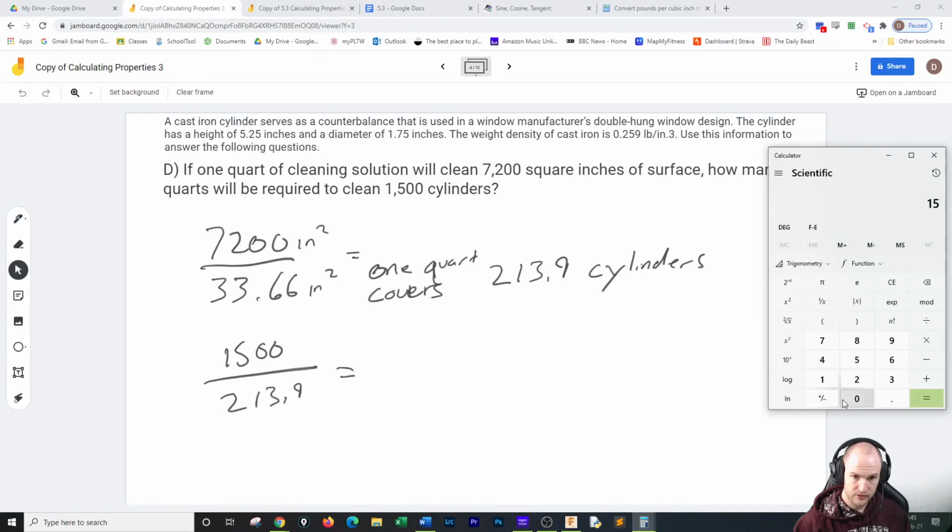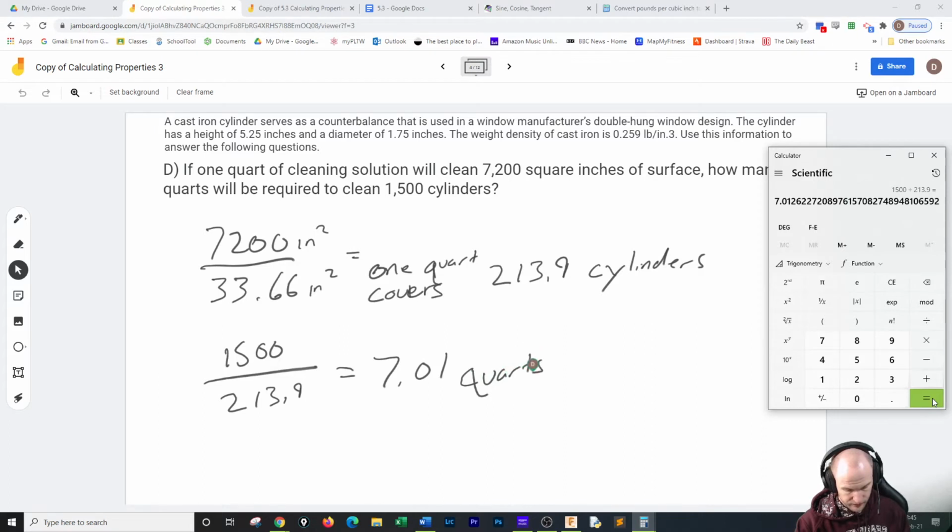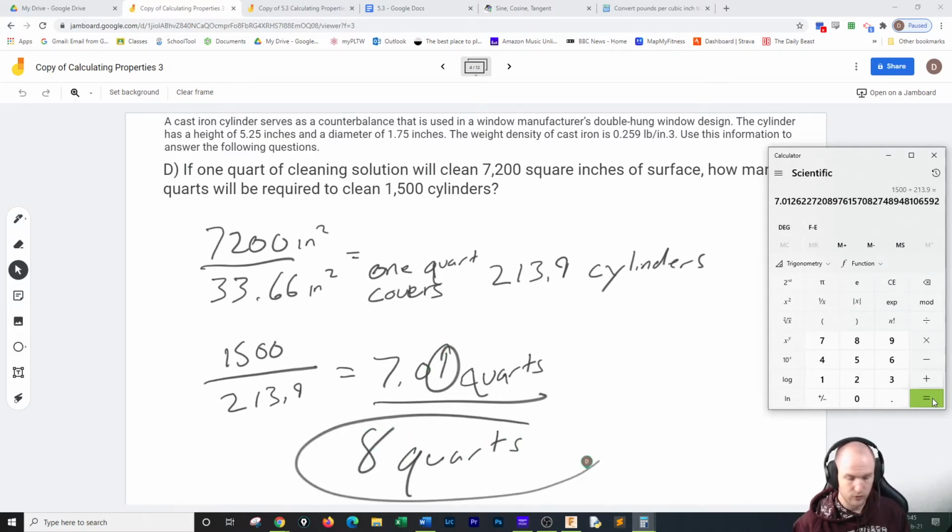So 1,500 divided by 213.9 equals 7.01, etc. quarts. So we need 7.01 quarts, but since you cannot buy 0.1 quart, we need 8 quarts, and that would be our answer because we went over 7, so we're going to need 8 quarts.